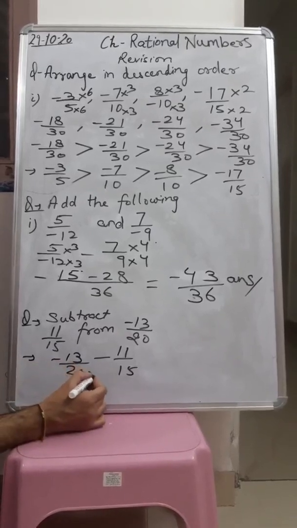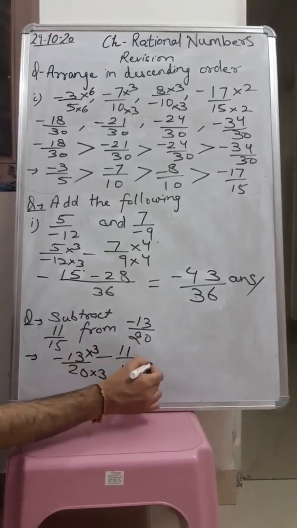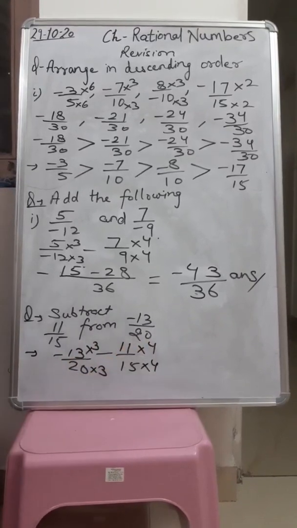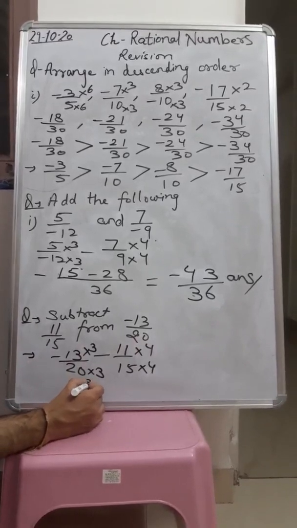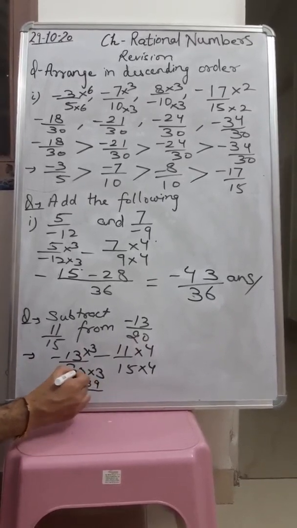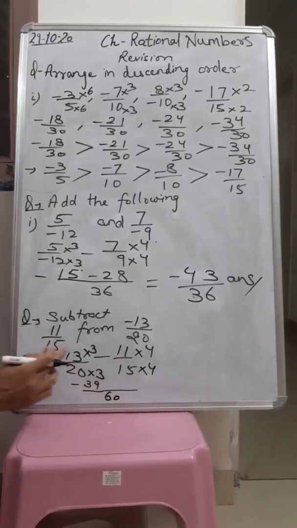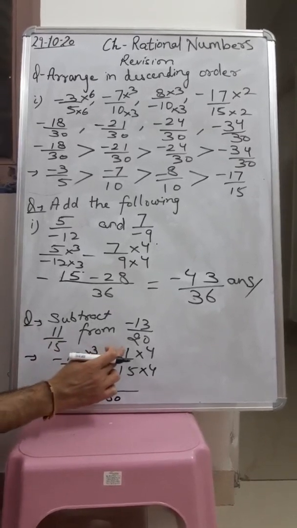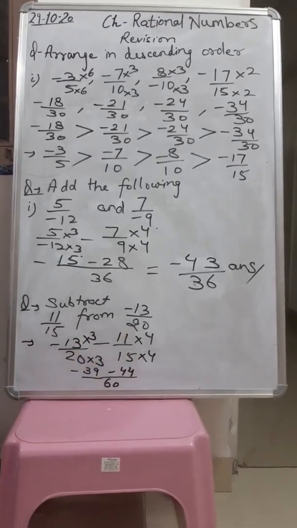So here we have to multiply by 3. Here also you have to multiply by 3. Here you have to multiply by 4. Here also you have to multiply by 4. So when you multiply, you will get minus 39 upon 60, the LCM. 13 into 3 is minus 39. Minus 11 into 4 gives you minus 44.